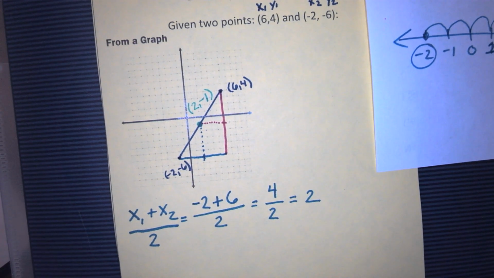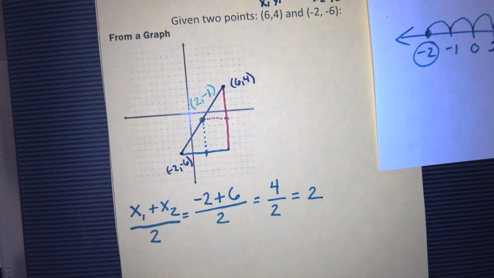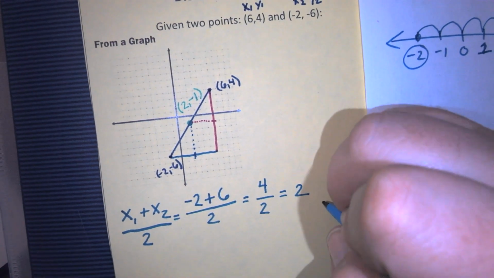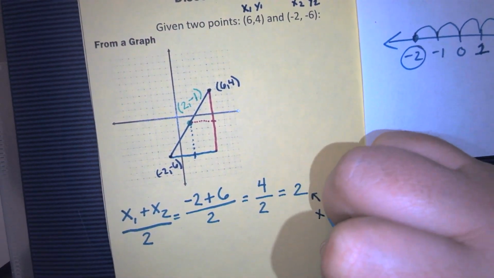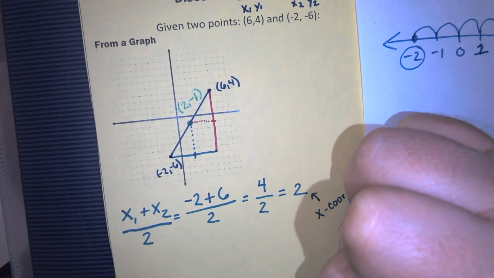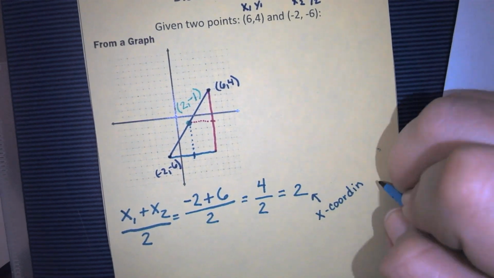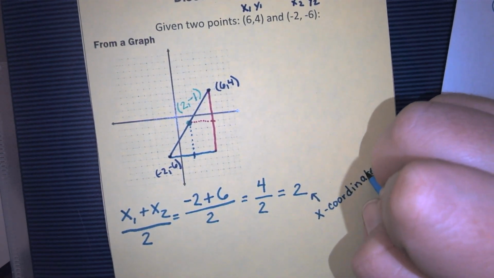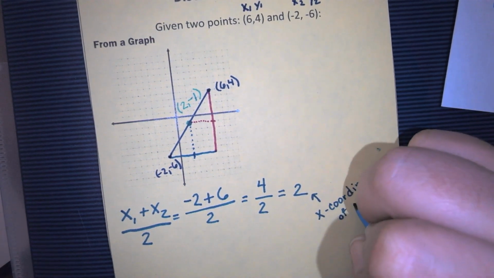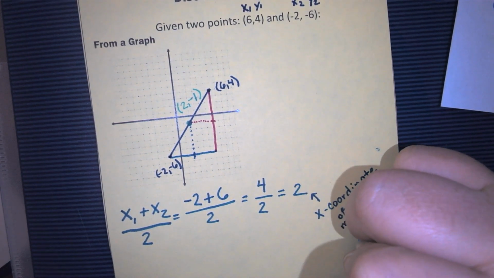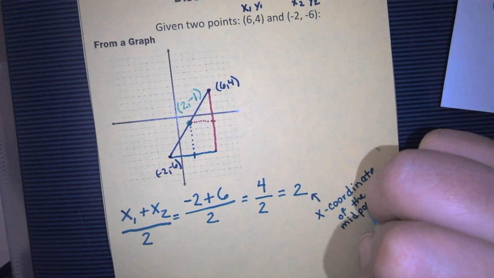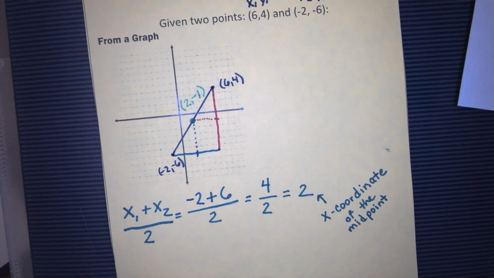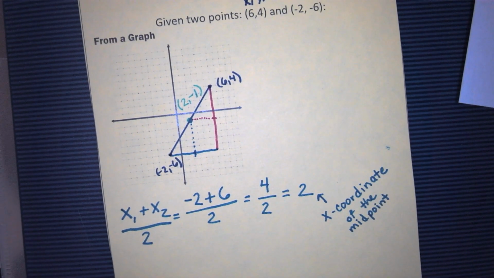I wonder if the same thing would work for y. Let's check that out. Let me actually label this here before we go any further. X coordinate of the midpoint. So if I want to find the y coordinate of the midpoint, let's see if we can do it the same way.